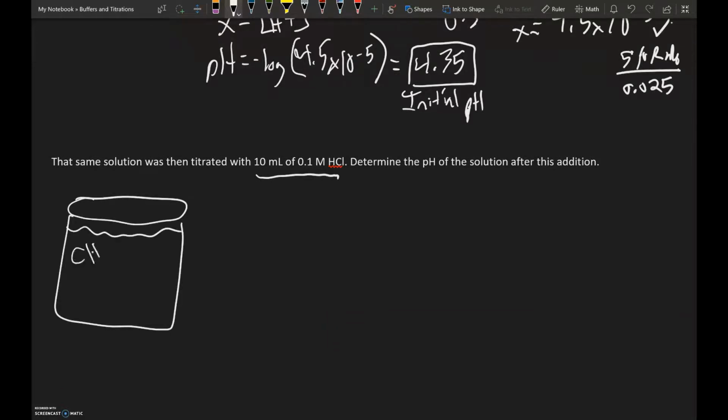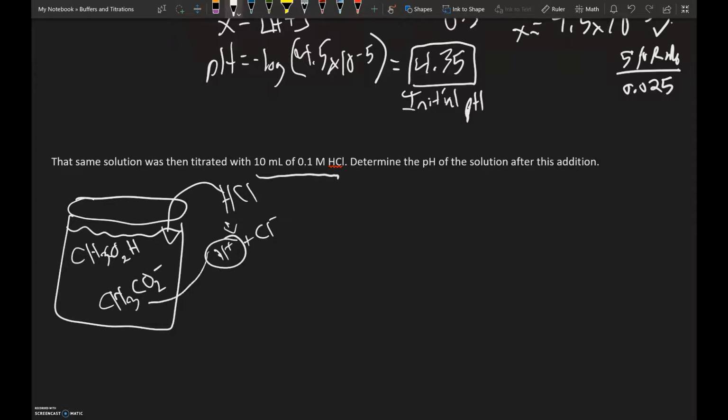In this solution you have acid, and then you have your acetate ion, CH3CO2 minus. So we're going to add in HCl. Well, HCl breaks down to H plus and Cl minus ions. This H plus is going to react with the acetate ion. The question is, how much of the HCl is going to react with the acetate ion?